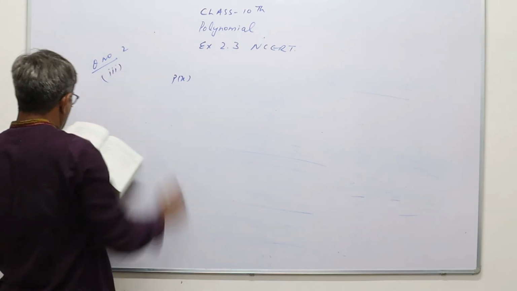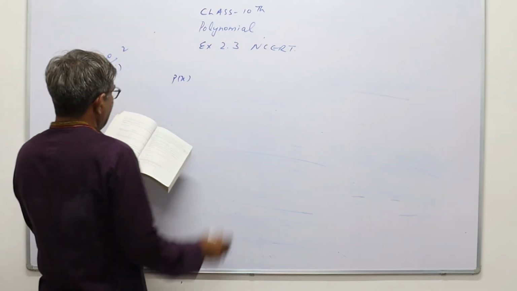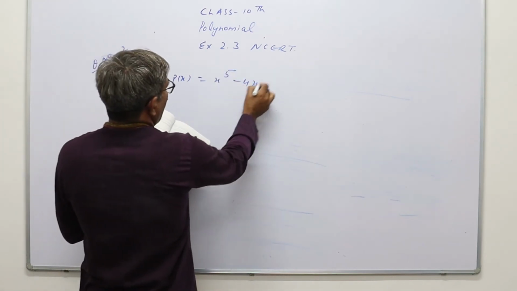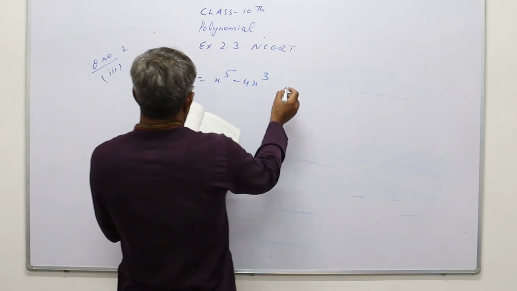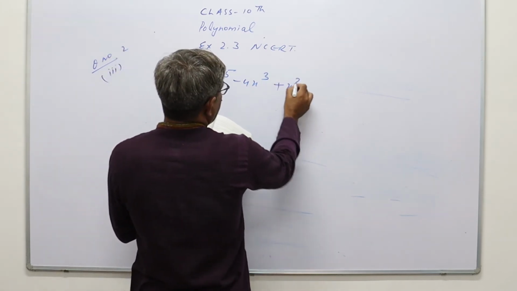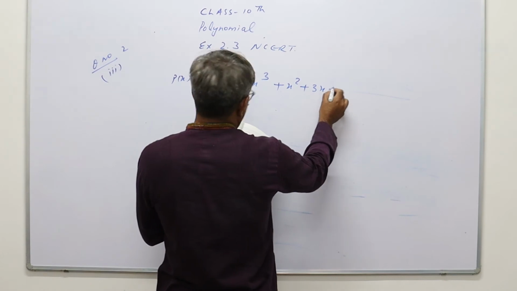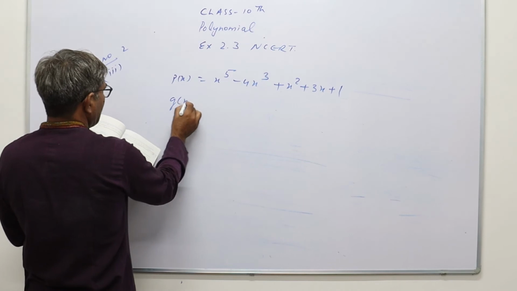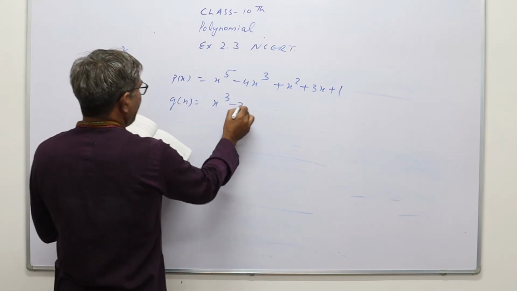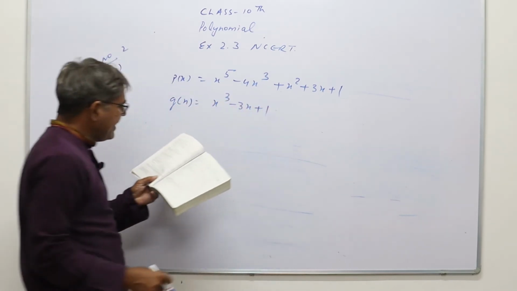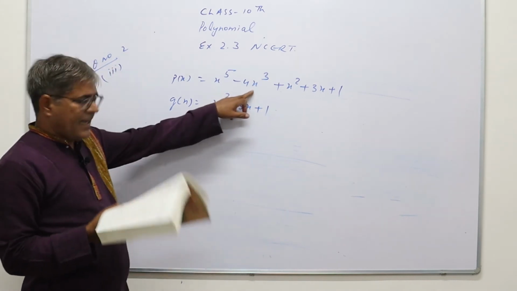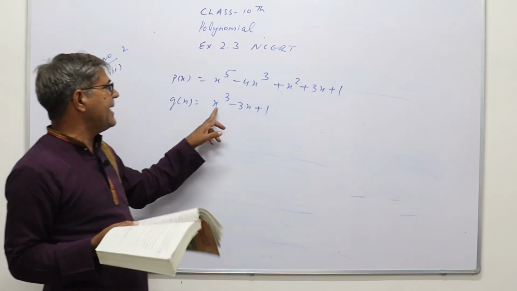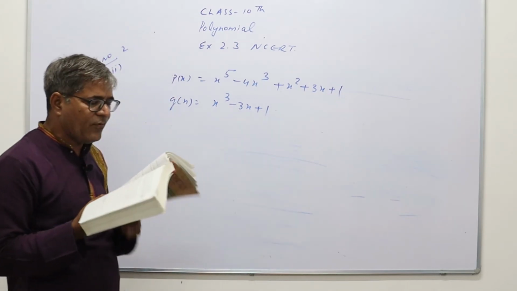See very carefully. p(x) is equal to x raised to the power 5 minus 4x cube plus x square plus 3x plus 1, and g(x) is x cube minus 3x plus 1. Check it. x power 5 minus 4x cube plus x square plus 3x plus 1, and the given g(x) is x cube minus 3x plus 1.